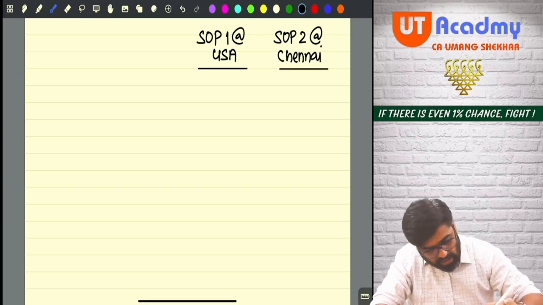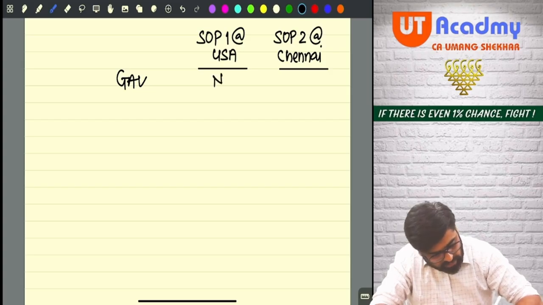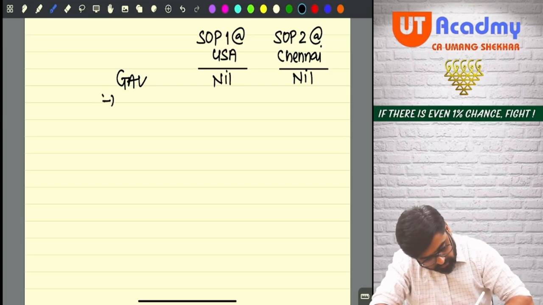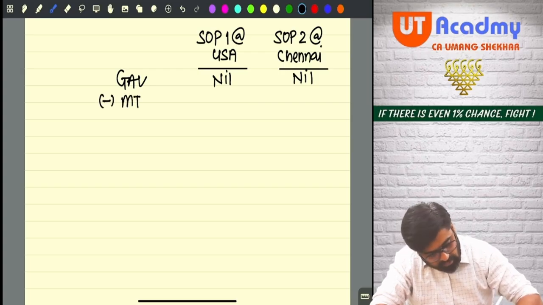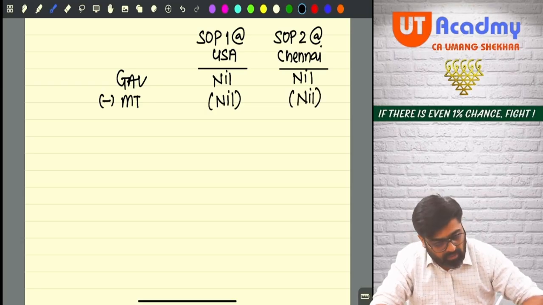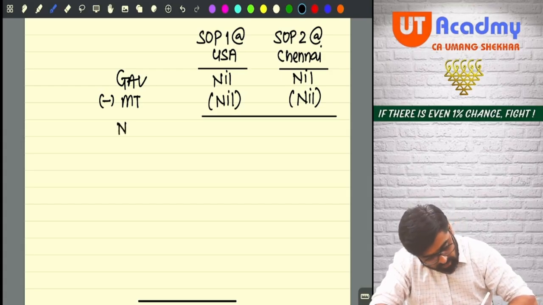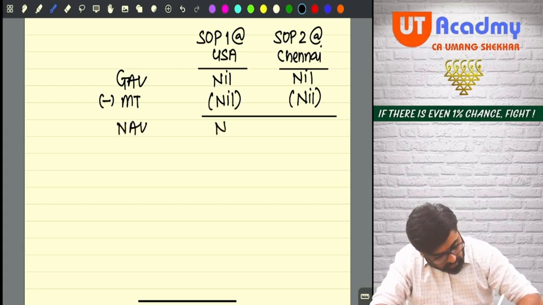Right? I will directly start from GAV. Both GAVs I will take as nil. Minus municipal taxes. Both the municipal taxes, even if paid, will not be allowed as a deduction because the property is claimed as what? SOP, no? So the NAV will be nil in both the cases.